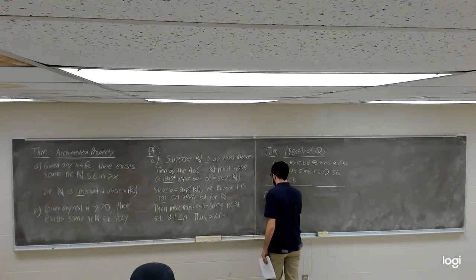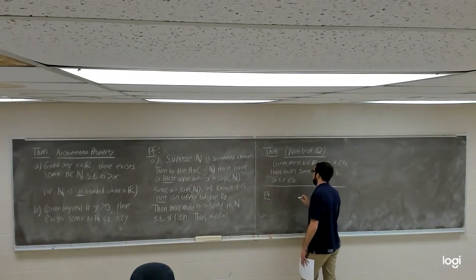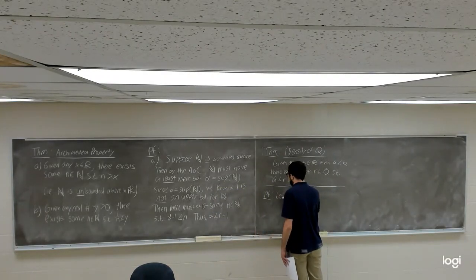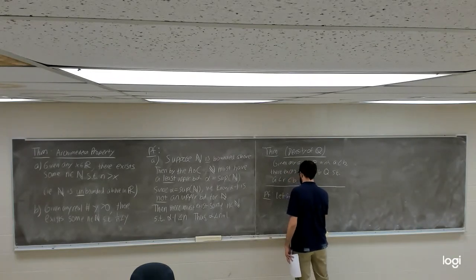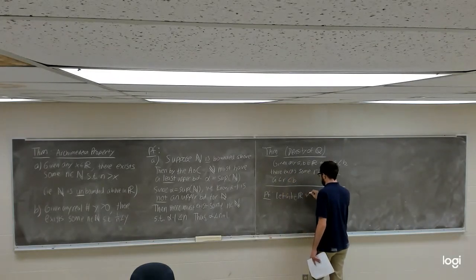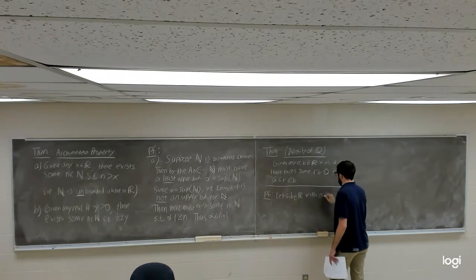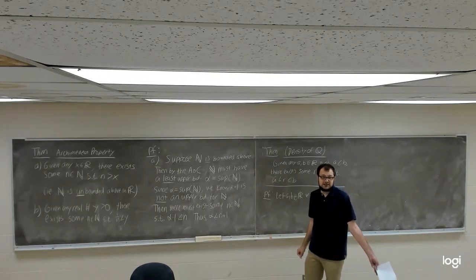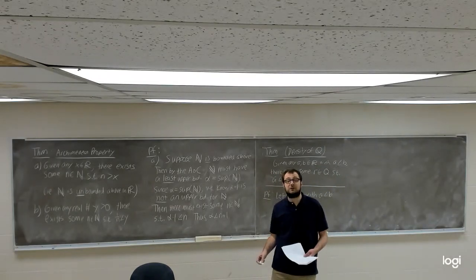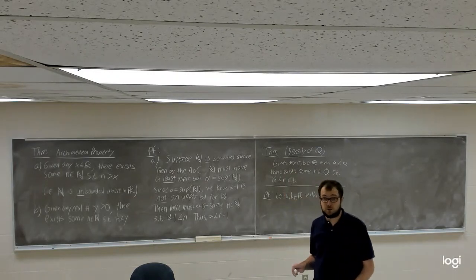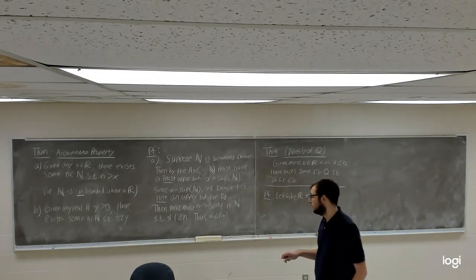Proof. I'm going to start off by just saying let a and b be real numbers with a strictly less than b. In other words, I'm defining the variables that we're going to be using for the rest of the problem.